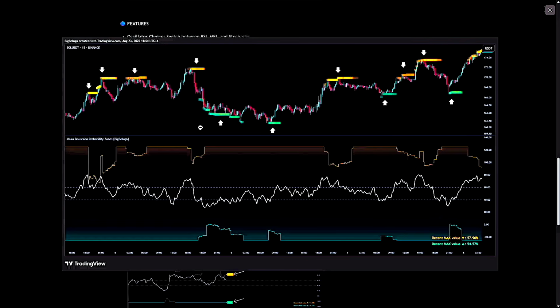Upper histogram for downside reversion probability, lower histogram for upside reversion, and the small dashboard that tracks recent extremes. The written explanations break it down in plain language, and it's worth reading even if you never touch the code. Let's wrap this entire approach into a sentence so you can remember it easily.